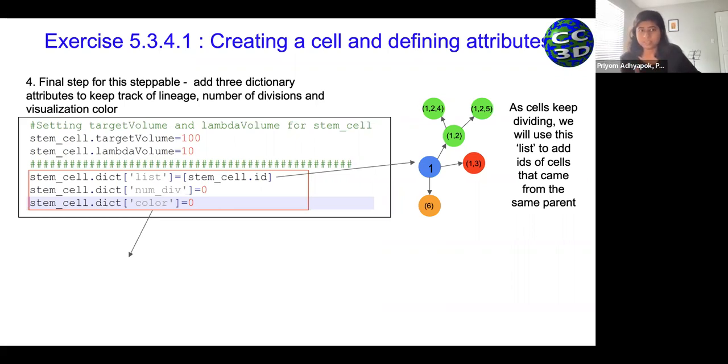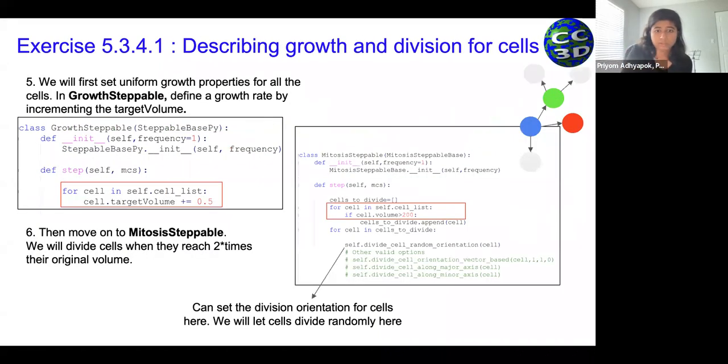This list item that I'm creating is going to be accessible to a bunch of other steppables that I might create. This color attribute we will come to in a moment, and I can explain what you can do with it. All right. So these were the steps that we took with the constraint initializer.